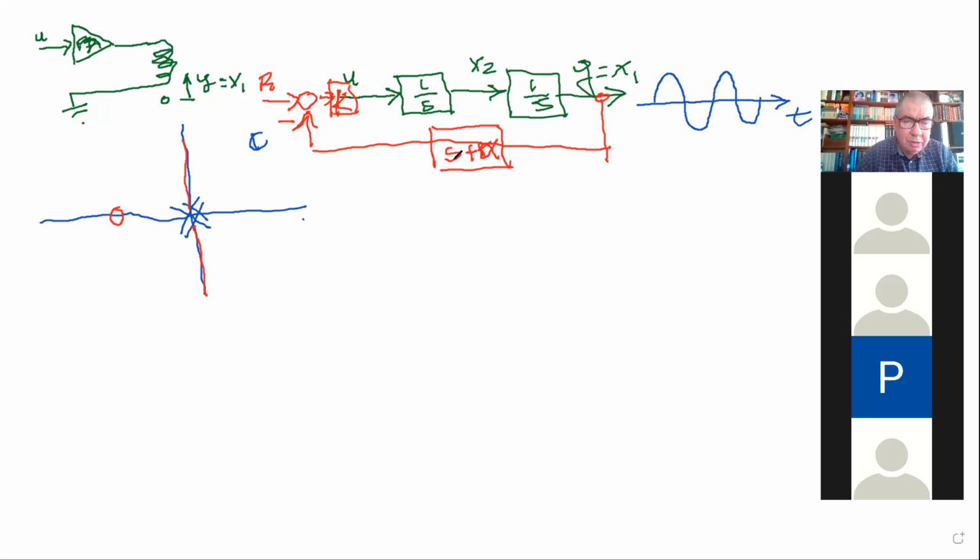Because this is a system with 1 zero and no poles. So some approximation of this. Place another pole. Where shall I place the pole? To the right of the 0 or to the left of the 0? To the left. To the left, so that it is negligible, no?